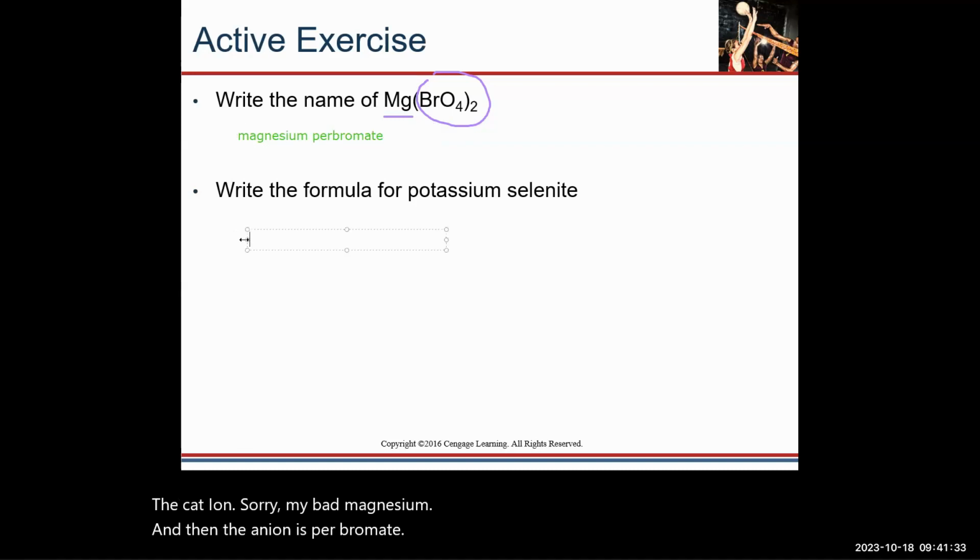Okay. What about the next one? What would be the chemical formula? K2SeO3. Okay.